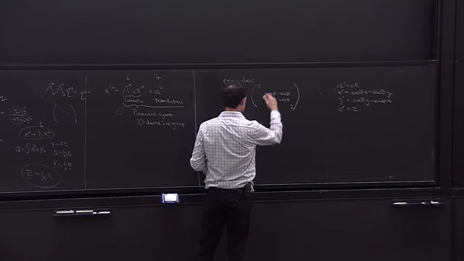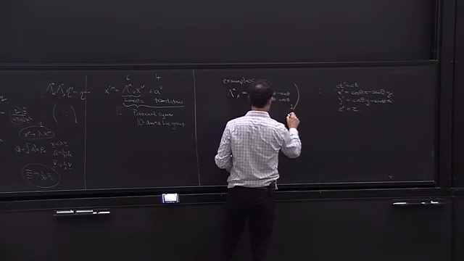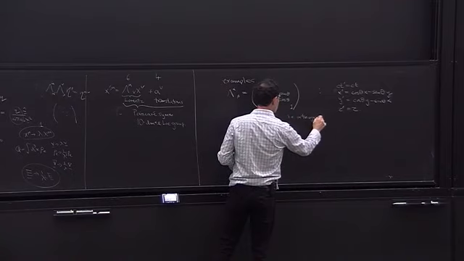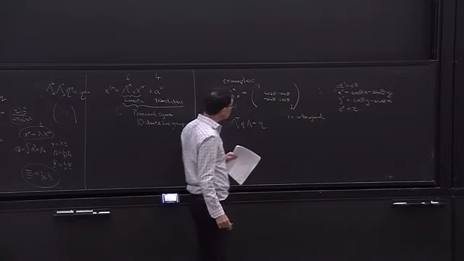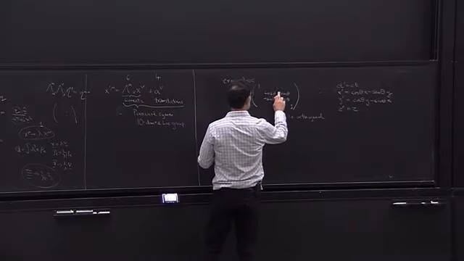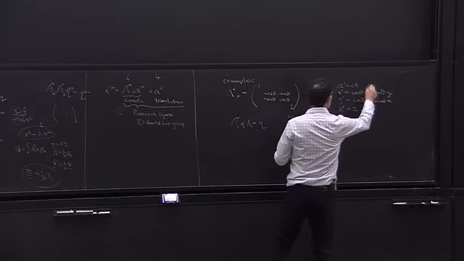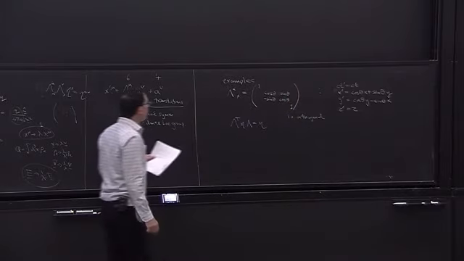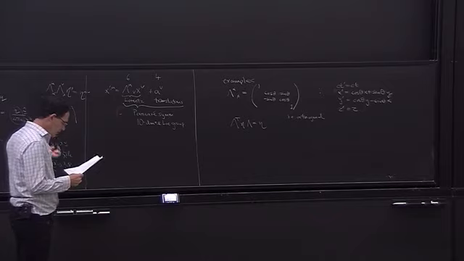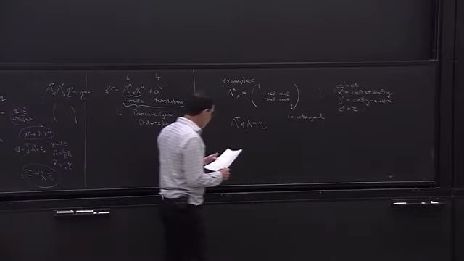So this is an orthogonal matrix. One of those signs is positive, right? Oh, sorry, you're right. Thank you. So that's just a rotation matrix.